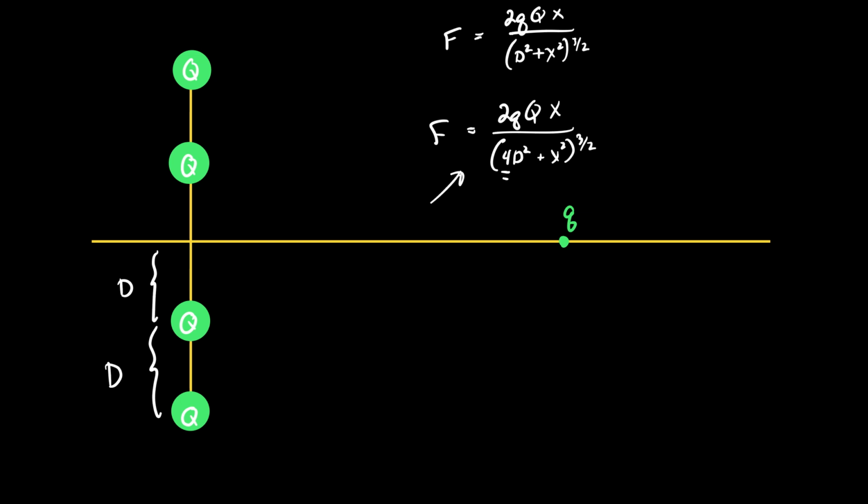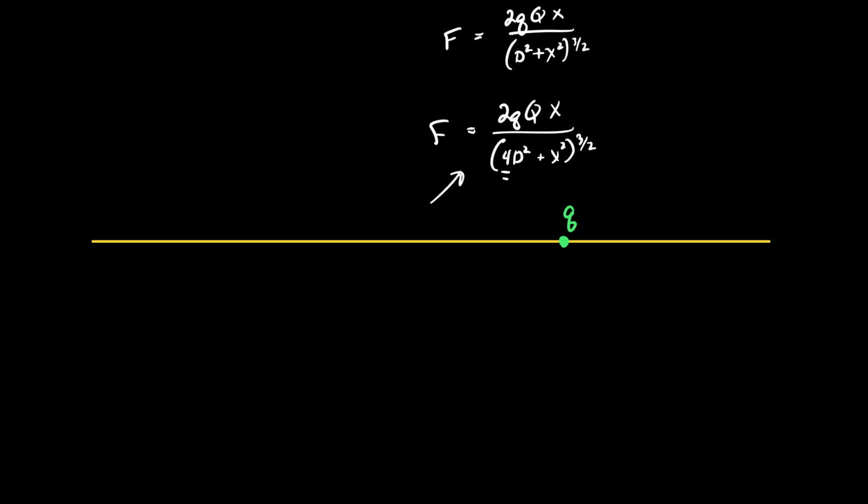Well, what if instead of having point charges here, what I actually have is a bar where the whole bar has a charge Q spread out uniformly on the bar.